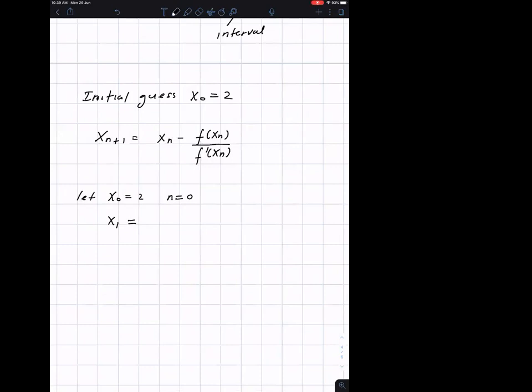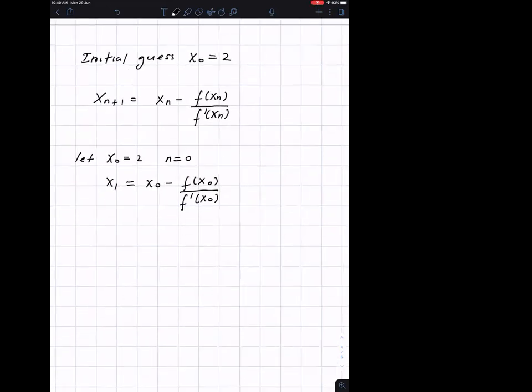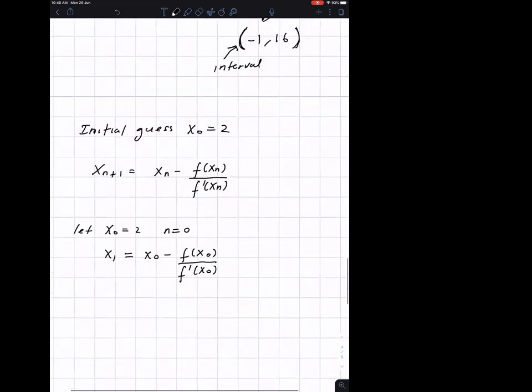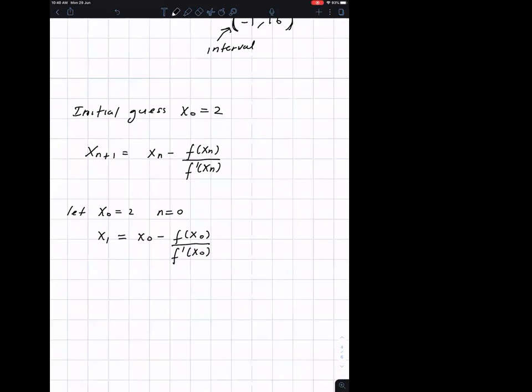x1 is x0 minus f(x0) divided by f prime(x0).